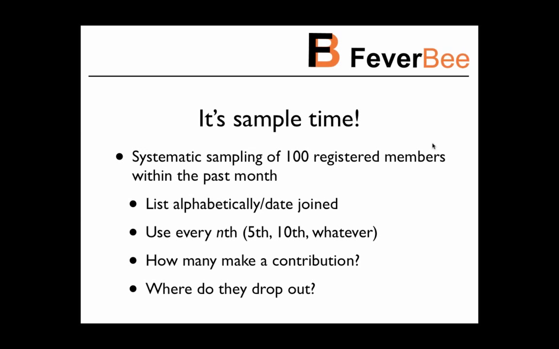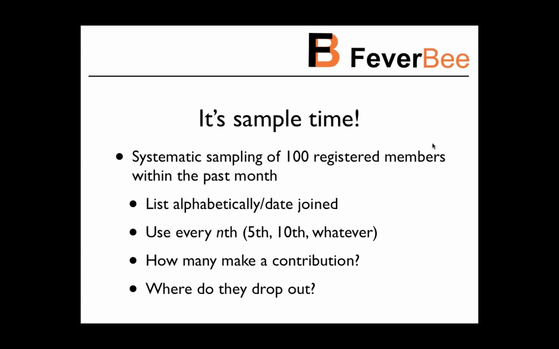But that's going to be a lot of work, especially if you have, say, 500 people that registered for the platform. But it will only take you around half an hour or so to go through a sample of 100 registered members and see if they participated. This won't give you a precise figure, but it will give you a very accurate figure.